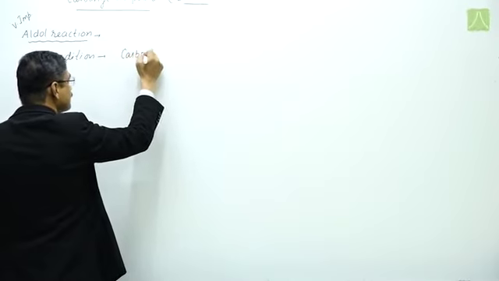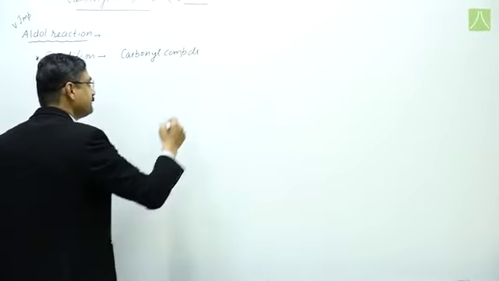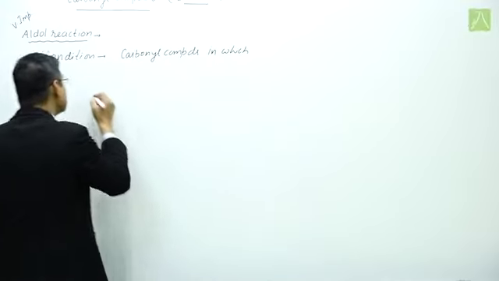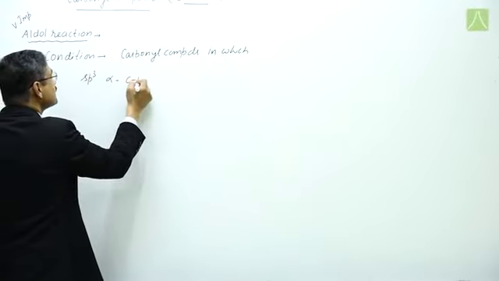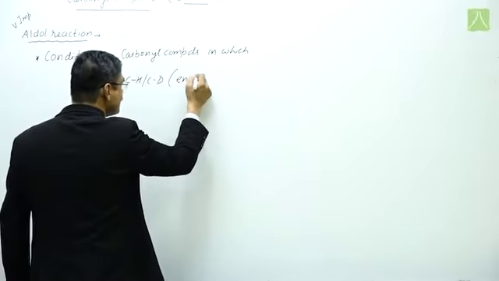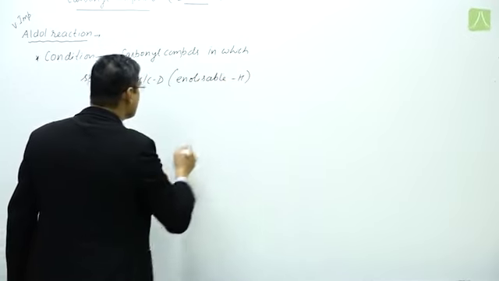Carbonyl compounds in which sp3 alpha CH, or you can say enolizable hydrogen, are present.